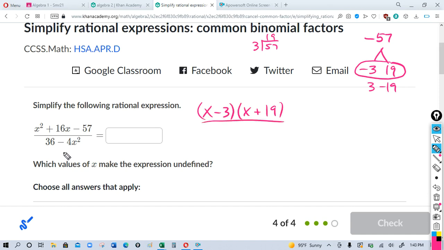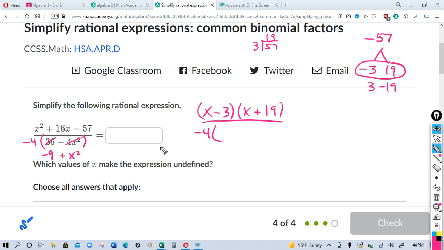And for the denominator, we can factor out a negative 4. Because I want the x squared to be positive. So 36 divided by negative 4 is negative 9. And negative 4x squared divided by negative 4 is plus x squared.